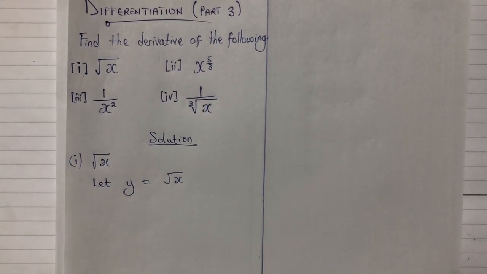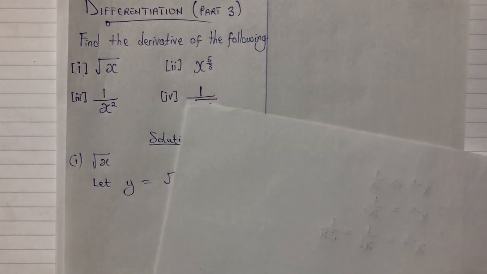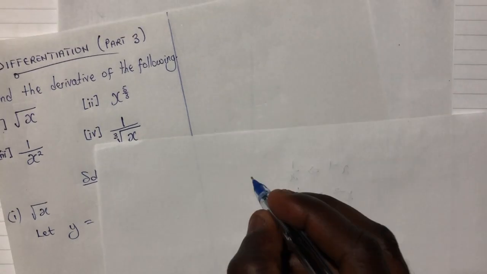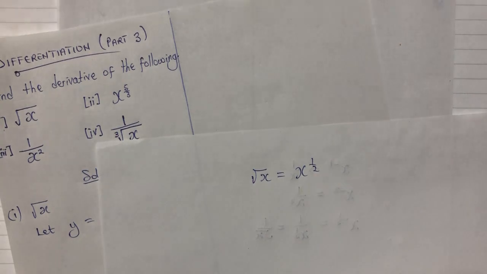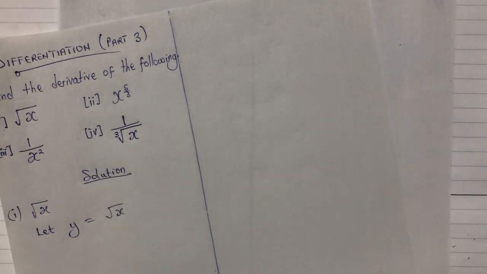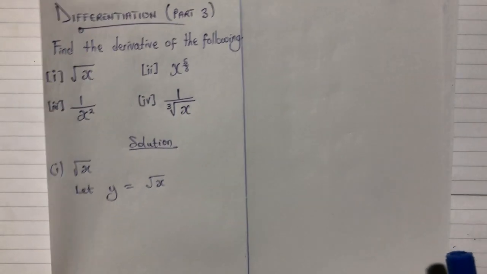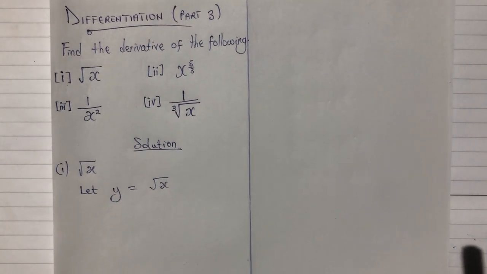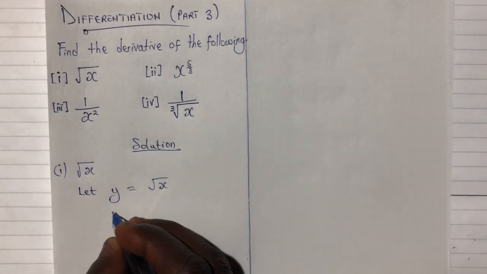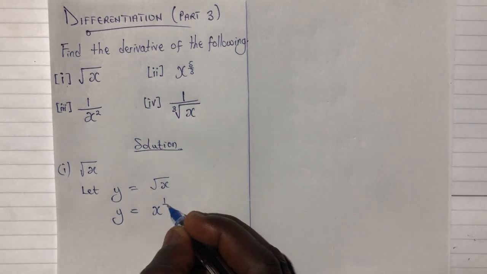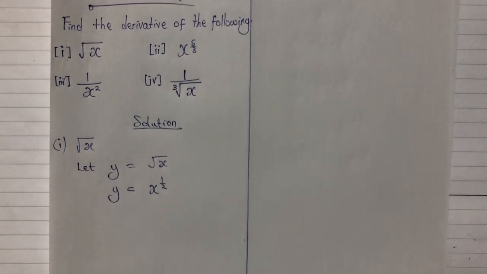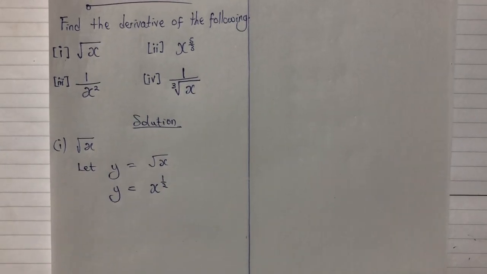Now in indices, root of x is the same as x raised to the power 1 out of 2. We all know that, so we will apply that by rewriting the function as y equals x raised to the power 1 out of 2. Now it's very simple to differentiate.